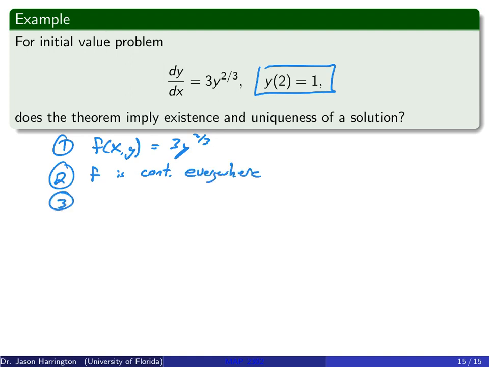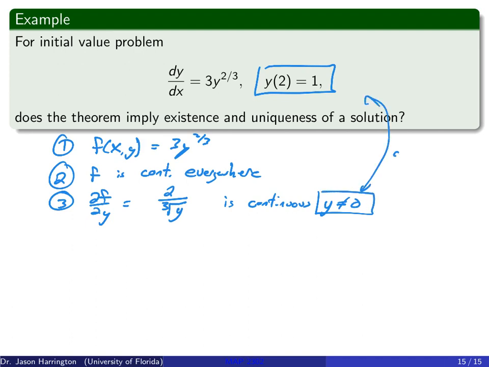But this time, three, the partial of f with respect to y, just like before, is equal to 2 divided by the cube root of y. But this is continuous when y does not equal 0. And in this case, we're okay.